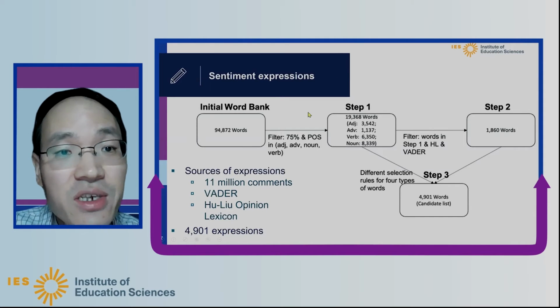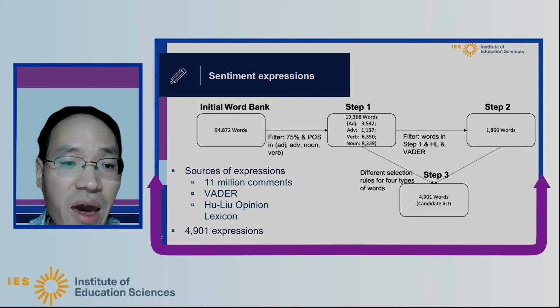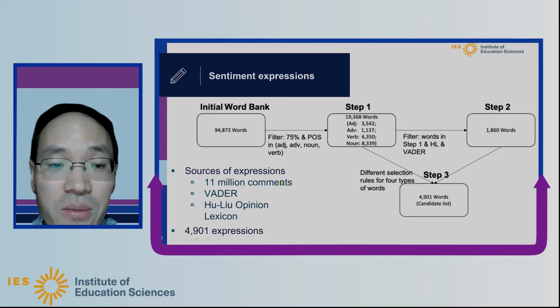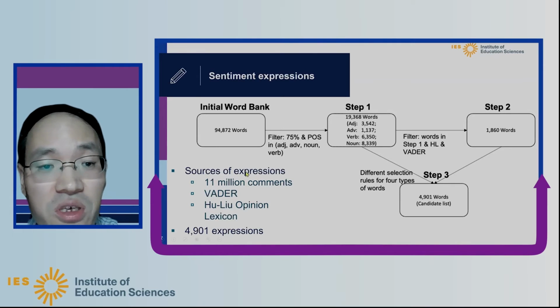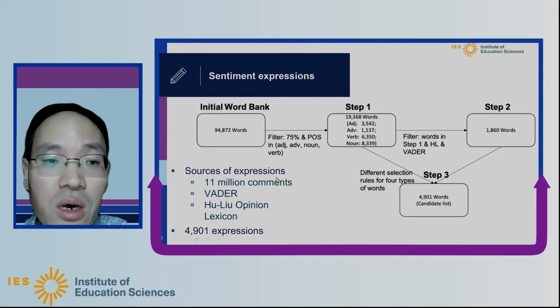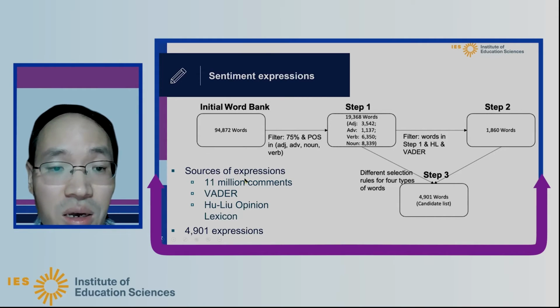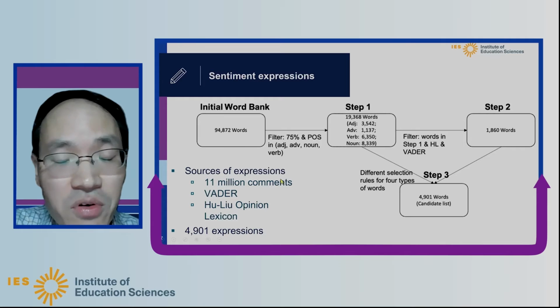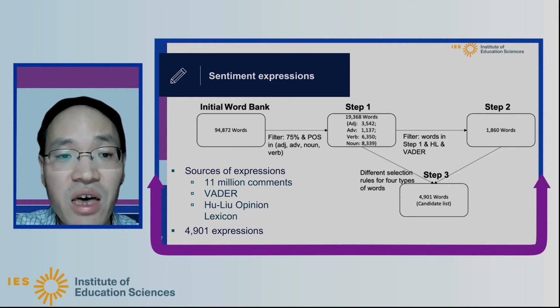To identify the sentiment expressions for teaching evaluation, we analyzed about 11 million text comments related to evaluation. Then we found the most frequently used words in those comments. In total, we found about 50,000 words that are used at least twice in these 11 million comments. But some words, even the same words, can be used as nouns or as verbs.